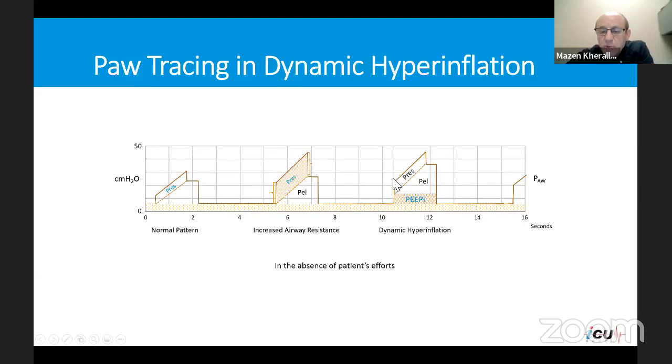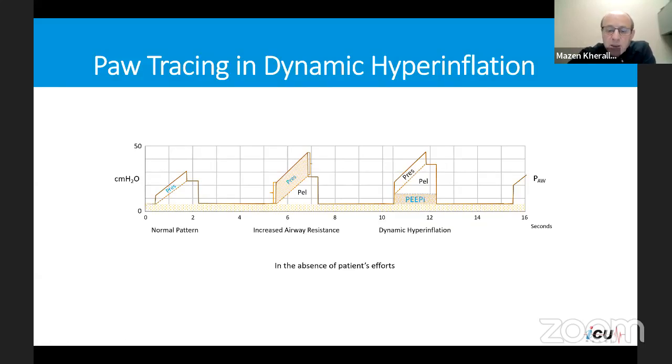So this is the airway pressure related to the airway resistance, which is the same as the difference between the peak inspiratory pressure and the plateau pressure. But the remaining rise in the airway pressure is what's needed to overcome the auto-PEEP.